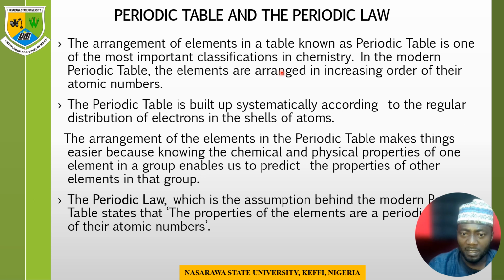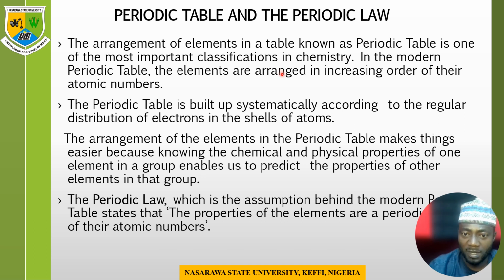They classified elements by their physical and chemical properties. Then later classification was done by Dmitri Mendeleev, who classified elements in increasing order of relative atomic mass.